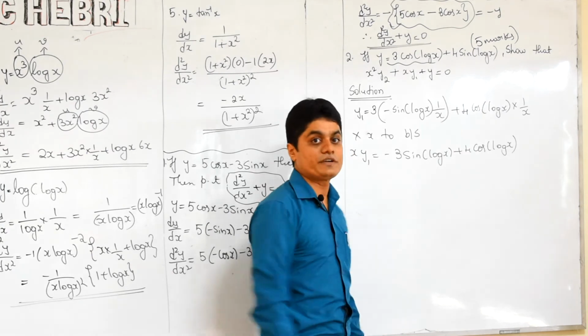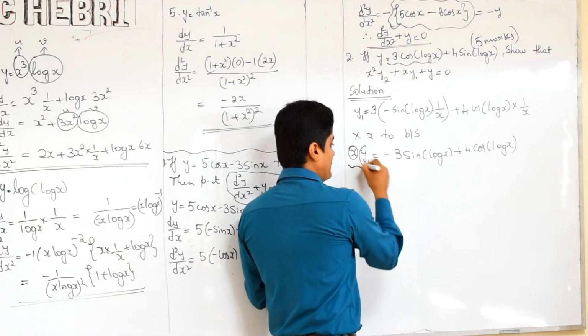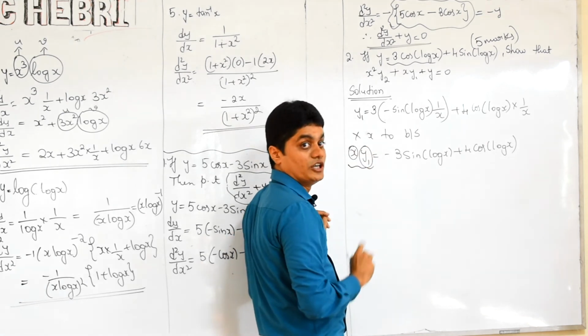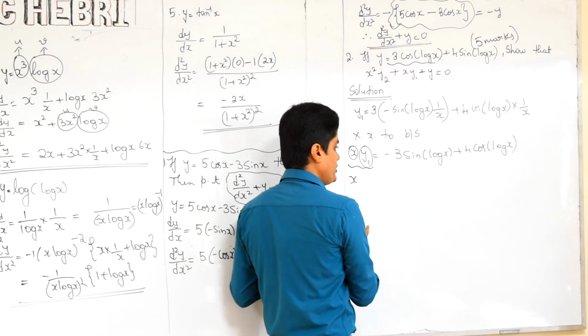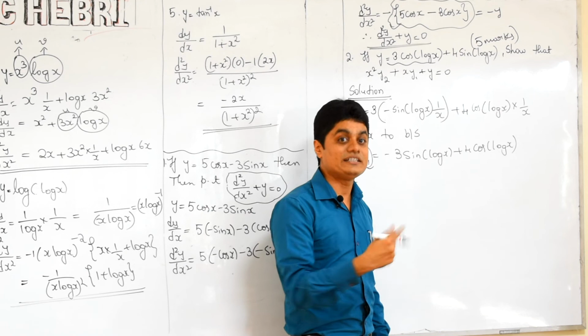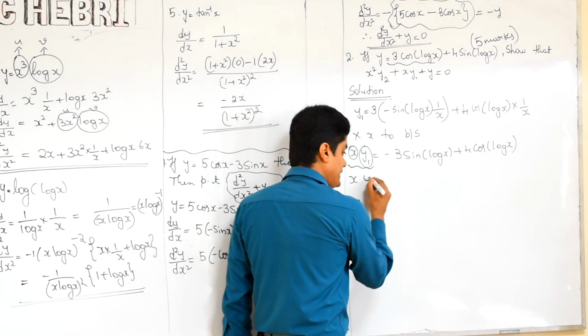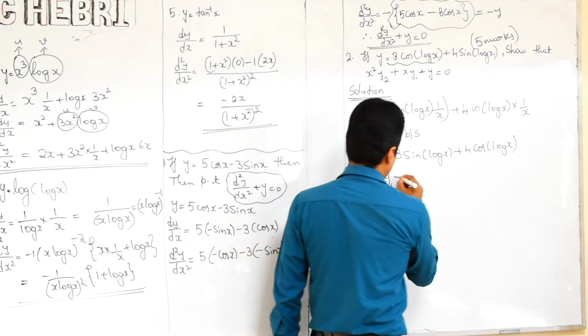Now this is ready to differentiate again. Differentiate the left hand side. Remember this is a product of two functions, so you need the product rule. You remember, right? Very good. x into the differentiation of y1, that is the second order derivative d square y by dx square, so y2, plus y1 into the differentiation of x, which is 1. Fine.